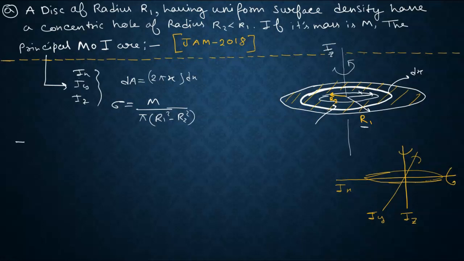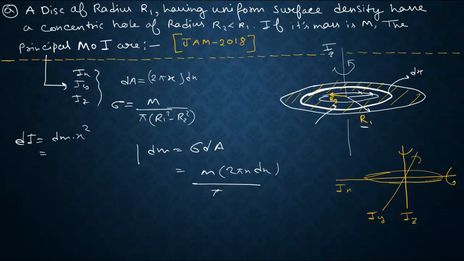So let's find the moment of inertia dI of the elementary ring. dI equals dm into x square, as we know the moment of inertia of a ring is m r square. Here dm equals sigma dA, which equals m 2 pi x dx by pi (r1 square minus r2 square).